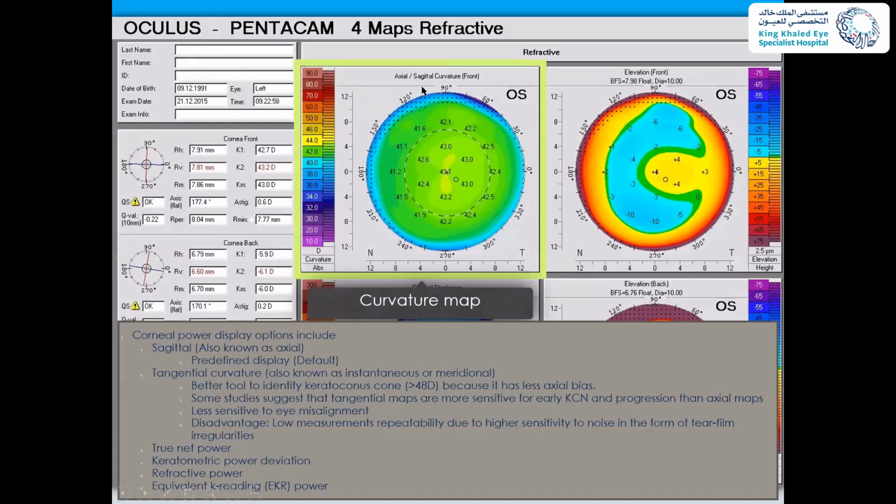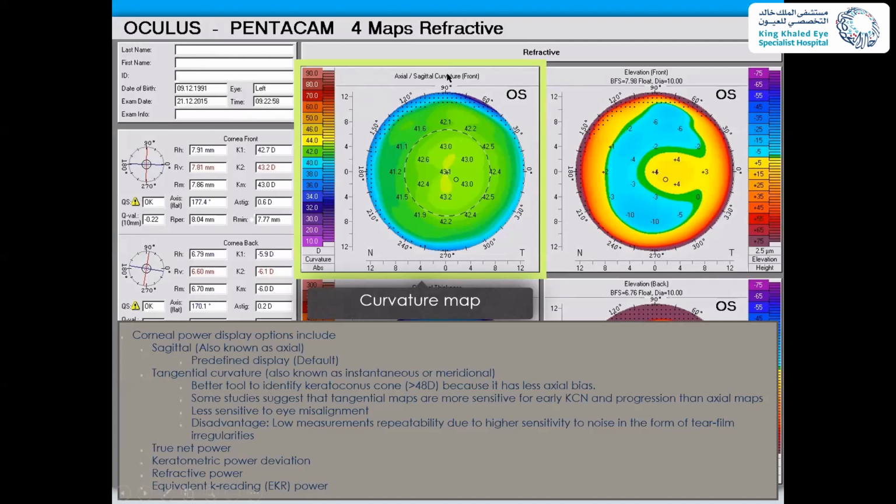So again, going back to the axial and sagittal map. It is a sagittal map which is there. We don't normally use the tangential map, although it is more accurate, and we'll talk about it in the next couple of slides. It is also less sensitive to eye alignment. But there's too much data and too much noise, and it doesn't look very appealing to the eye.